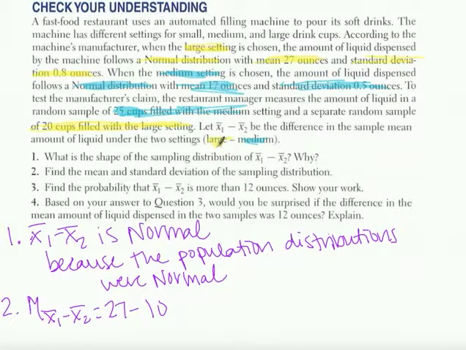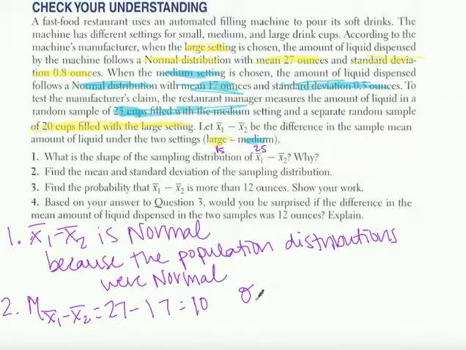It told us we were doing large minus medium, so large being the 1s and medium being the 2s. So 27 minus 17 gives me 10.